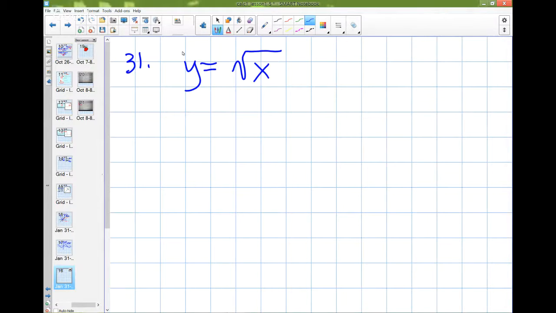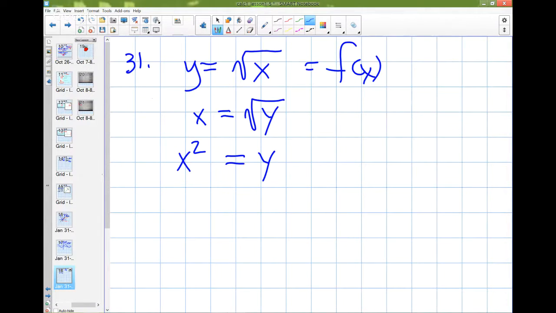Find the inverse function of that. So the first thing we do is change it to y equals the square root of x. Okay, then you do the swap. And then we need to solve for y, so we could square both sides.